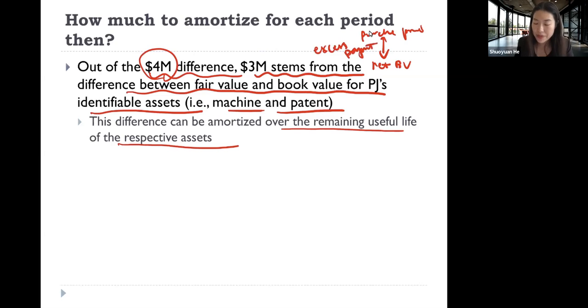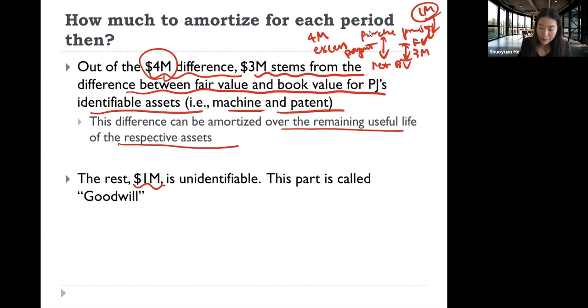We said that it needs to be amortized, but we can only amortize the amount we can identify and find the source for. The difference in this example is 4 million, but here we can only find an identifiable difference of 3 million, which is coming from the difference between fair value and book value of the machine and of the patent. And then how about the remaining 1 million that we cannot identify? This rest, the 1 million, which is unidentifiable, that is called goodwill.